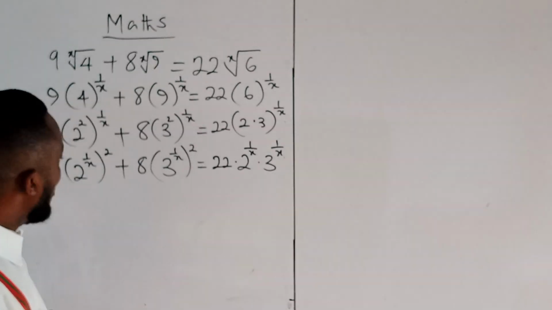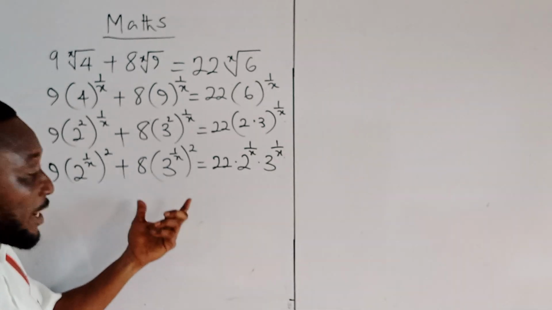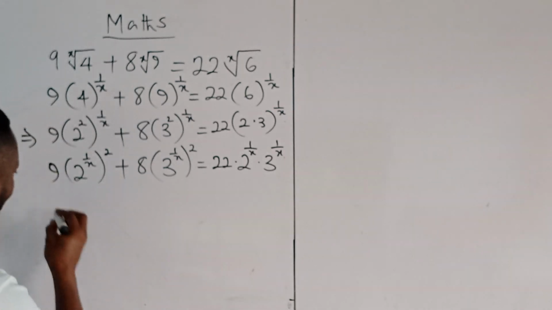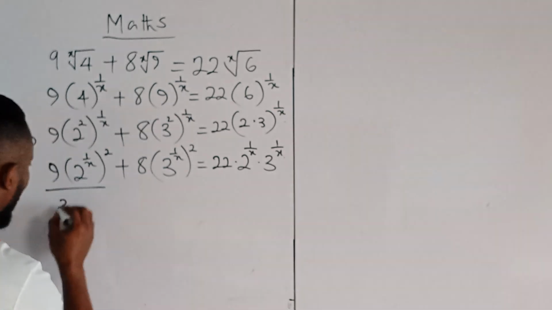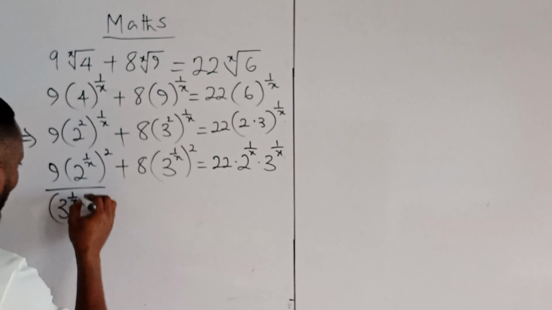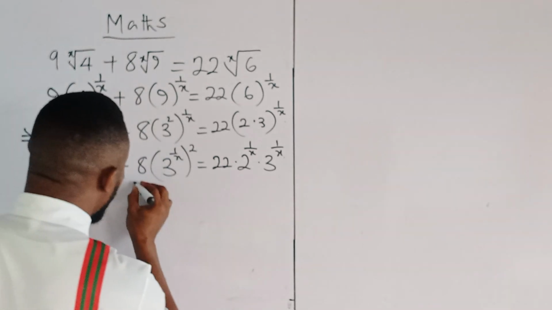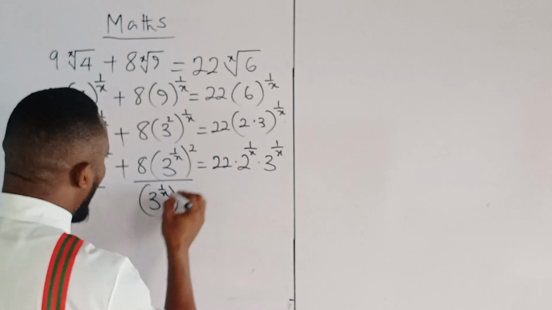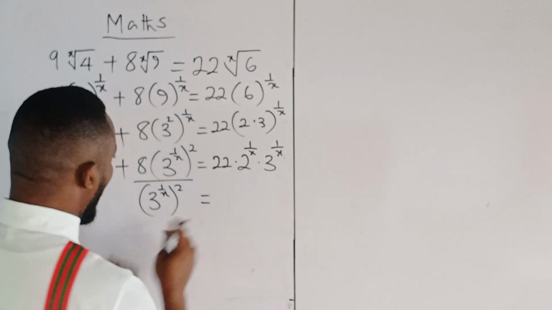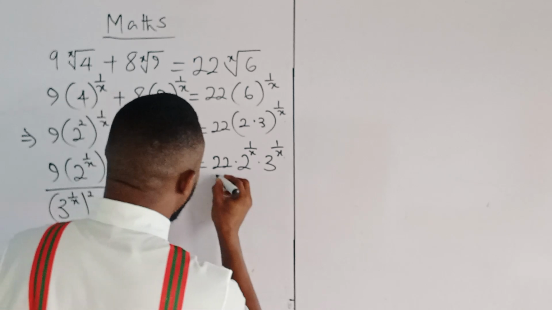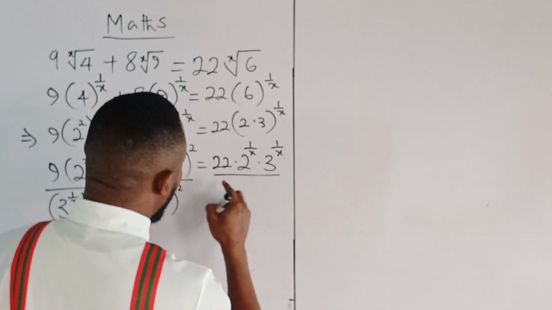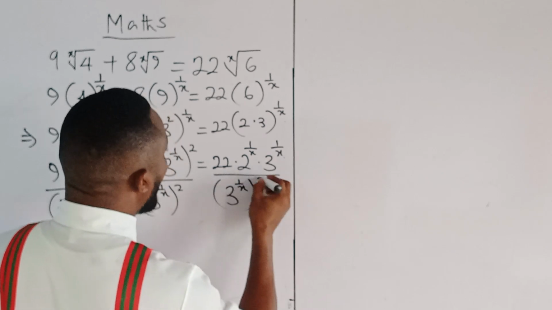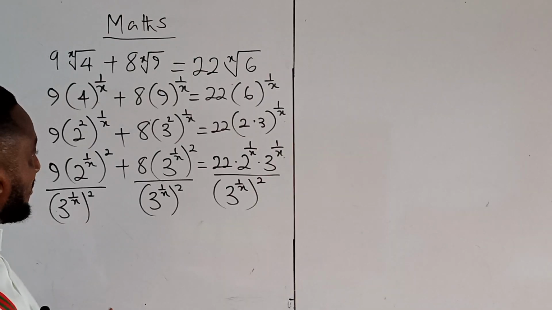The next thing I shall do, I will choose to divide by 3 to the 1 on x all squared. So I will divide this one by 3 to the 1 on x all squared, divide the middle term, 3 to the 1 on x all squared. I think it's better this way.